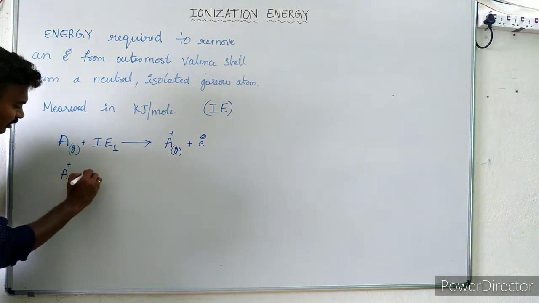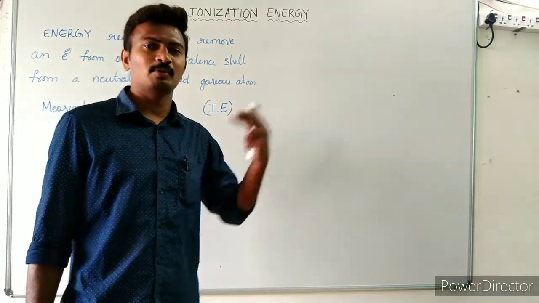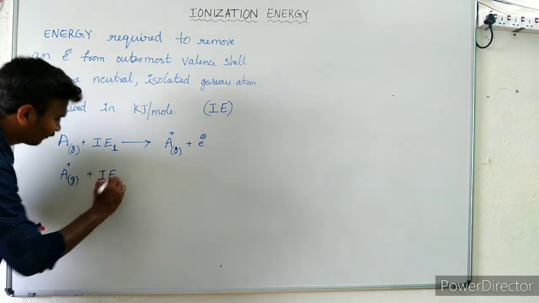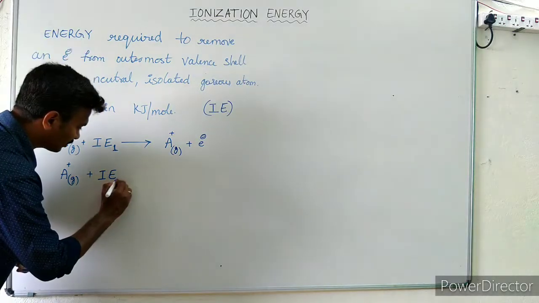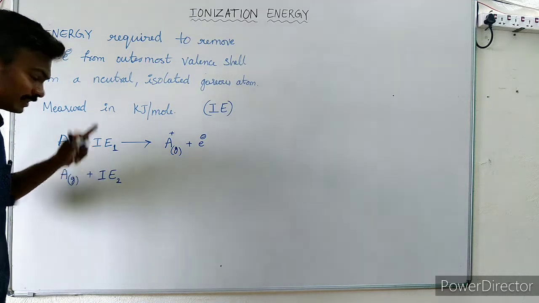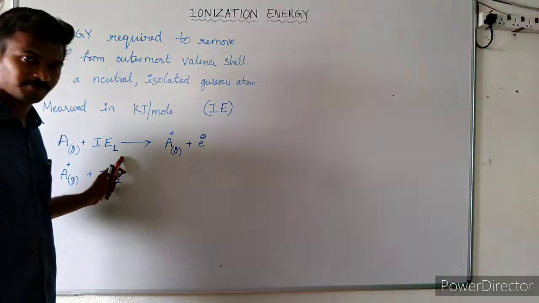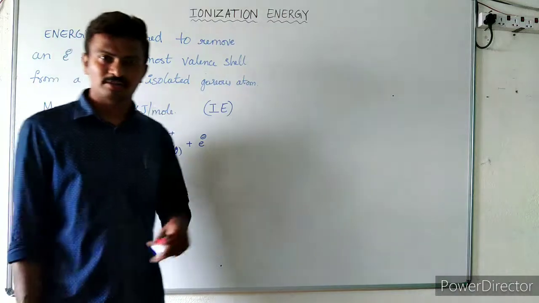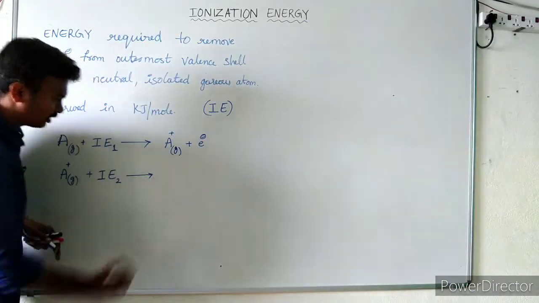We can further remove one more electron from this gaseous cationic species. The ionization energy for removal of an electron from this cationic species is known as second ionization energy, because we have already removed an electron from the neutral species, and that energy is the first ionization energy. Again we are removing an electron from the cationic species, so that is known as second ionization energy.